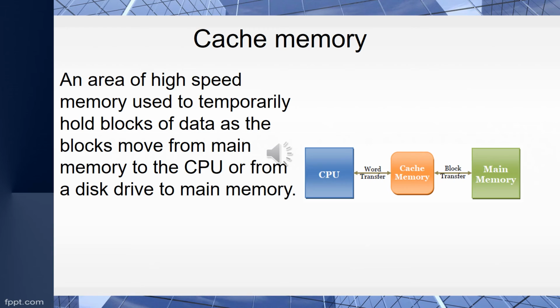Modern CPUs are built with some cache memory built into the CPU microprocessor chip itself. This is called level 1 or L1 cache. If the cache memory is not part of the CPU, it is referred to as L2 cache memory.